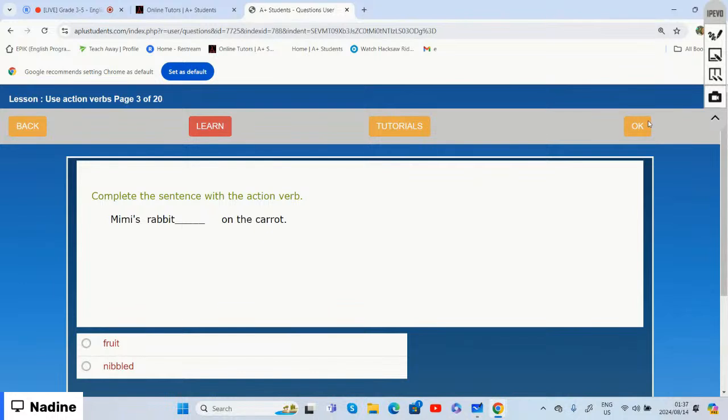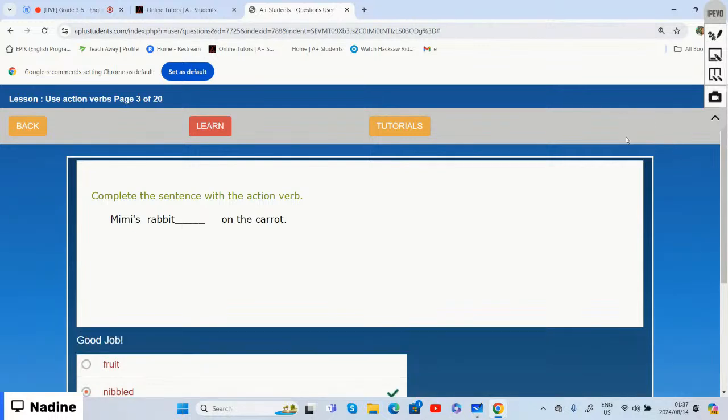What is Mimi's rabbit doing? We can then say yes, Mimi's rabbit nibbled on the carrot. Nibbled is almost like a form of eating, but small pieces at a time. So nibbled is correct. So well done.